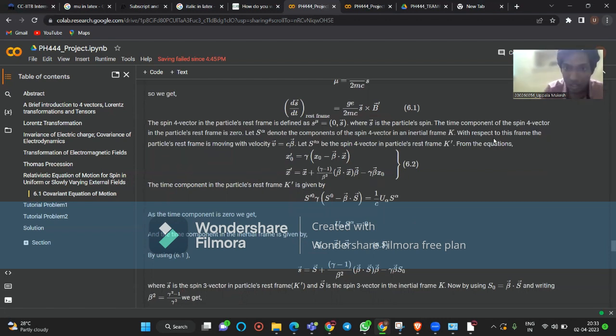So here we have an inertial frame K, and another frame, the K prime frame, in which the electron is there, and that K prime frame is moving with the velocity v bar equal to c times beta bar.